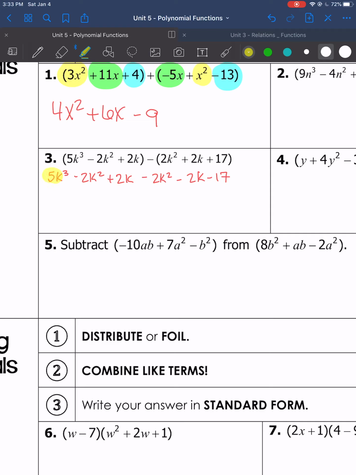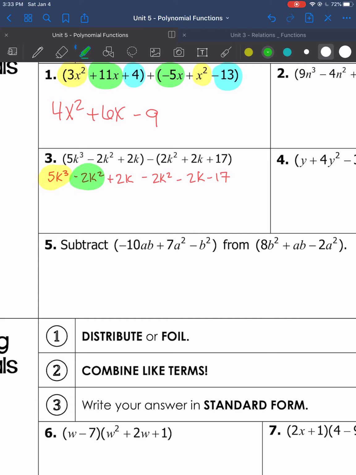So k cubed, I don't have any other k cubes, I just have 5k cubed. Also, if you don't have highlighters and you want to do it, you can put one line under the x squareds, two lines under the x's, and three lines under the constants if you want.